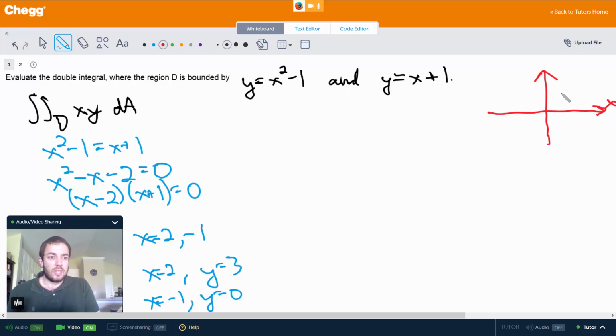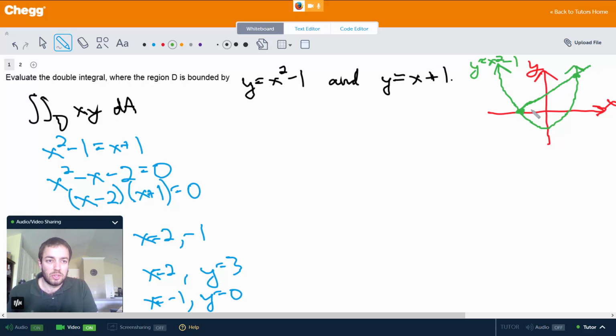So here's our x-axis, here's our y-axis. So we have x squared minus 1. Now this doesn't have to be all nice and neat and perfect, we just want to get a general feeling of what this region looks like. So here's y equals x squared minus 1, and then x plus 1, so remember it's going to intersect at negative 1 comma 0, and then 2 comma 3, which will be somewhere up here about.